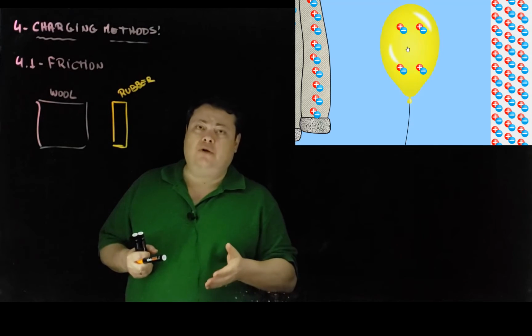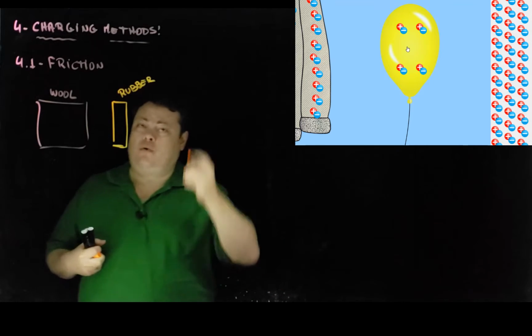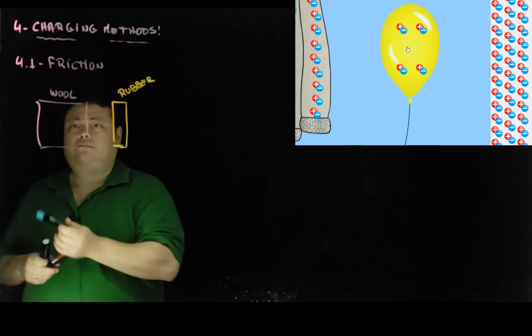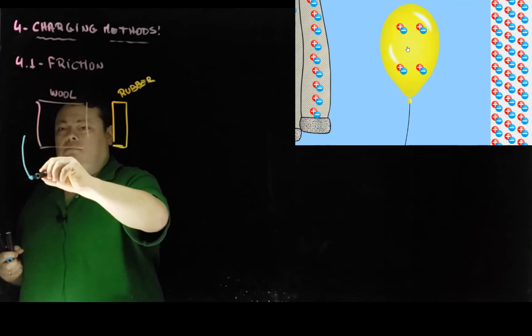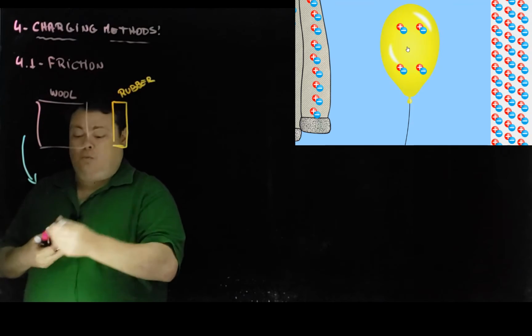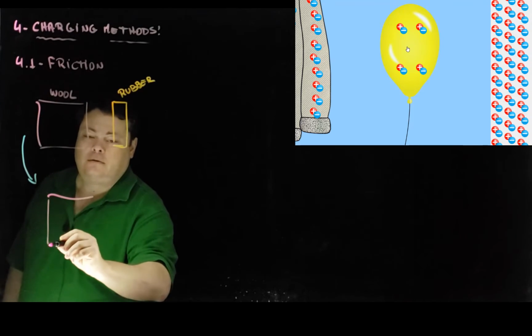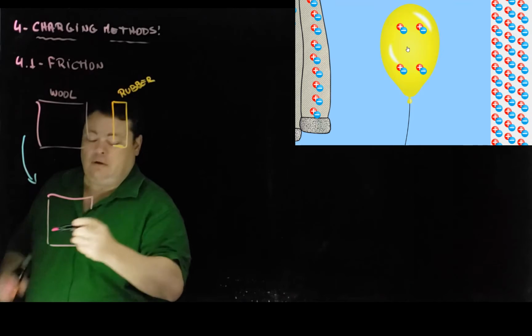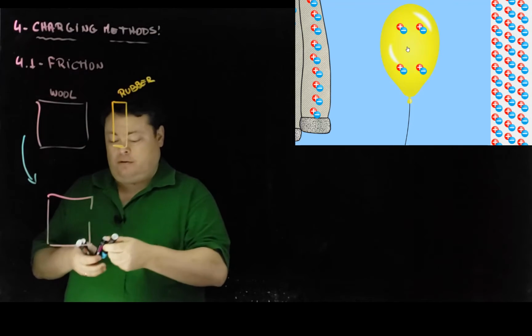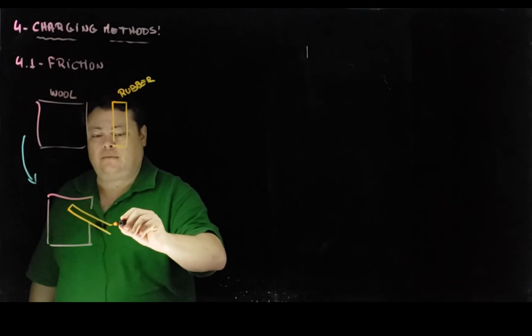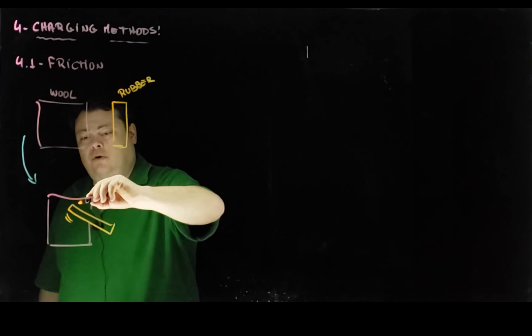Notice that these two are actually insulators. So what I'm going to do is rub the rubber rod onto the wool. So I'm going to get the wool in here and rub the rubber on it. So get this here and just rub.